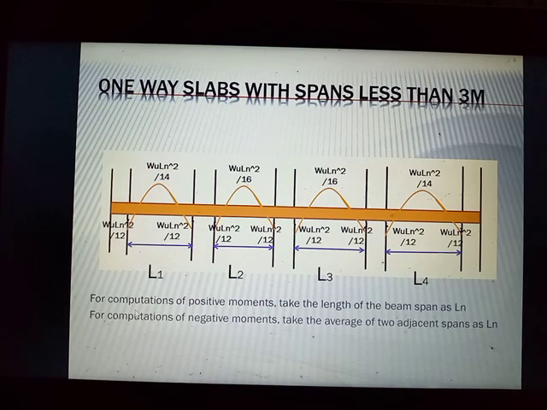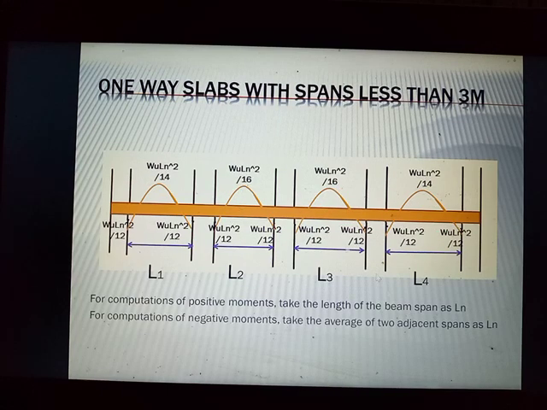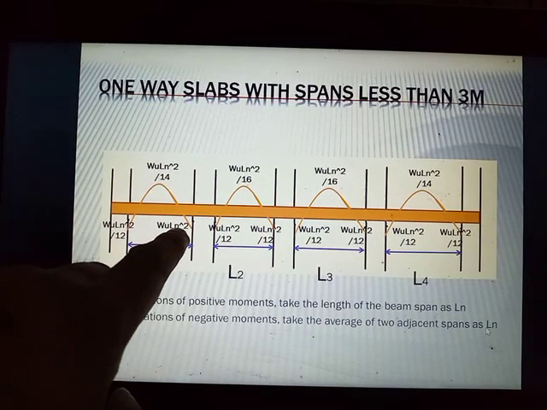And then, again, please remember that for the computation of positive moments, take the length of the beam span, or the span of the slab, the clear span. And for the computation of negative moments, take the average of two adjacent spans as ln. Same will apply.